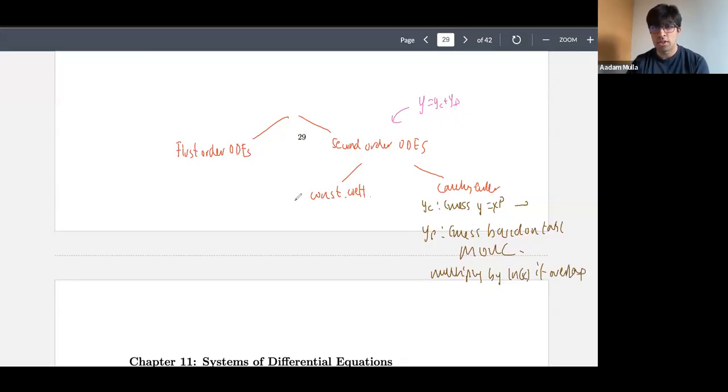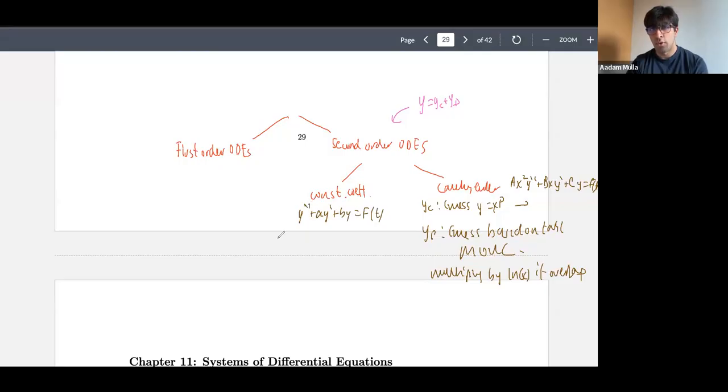Okay, constant coefficients. Cauchy-Euler is of the form something times x squared times y double prime plus something times x times y prime plus something times y equals 0 or equals f of t. Constant coefficient looks like y double prime plus a y prime plus b y equals something.